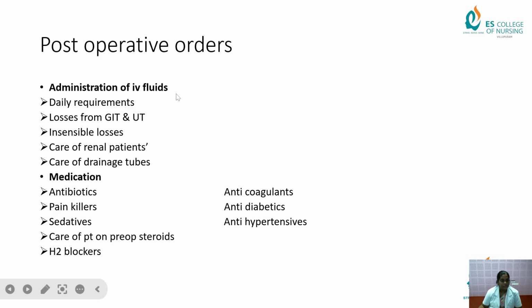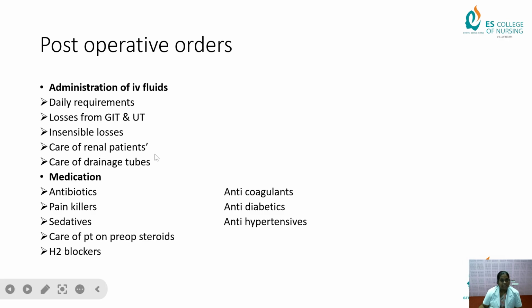Administration of IV fluids. Okay, daily requirements: how much fluid is going into the patient, and losses from the GIT and urinary tract. Mainly in the intensive care unit, PACU or ward, we maintain the intake and output properly, including what fluids are being discarded from the GI tract. Insensible loss, that is through breathing or sweating, how much fluid is being lost.